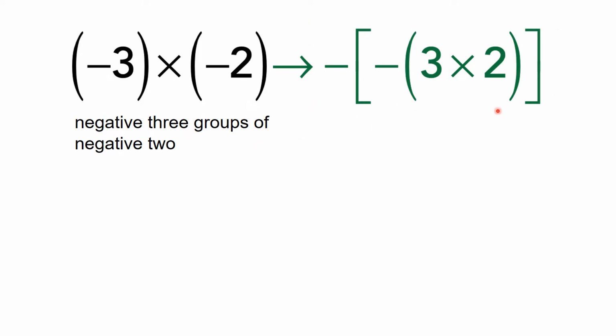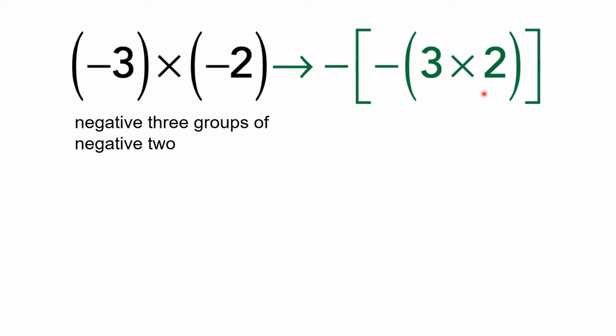This way of writing it, which is consistent with the previous slide where we essentially take the number part, the 3 times 2, and then make use of these 2 negatives, is a really clunky way of writing it out, and we wouldn't necessarily encourage our young people to be writing like that, but it hopefully highlights the point that it's the same as what we did before.